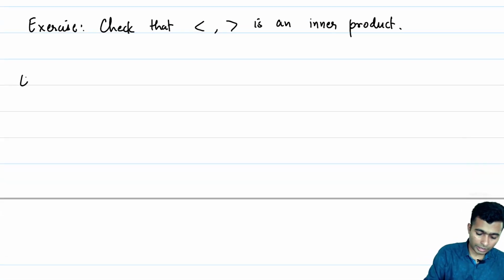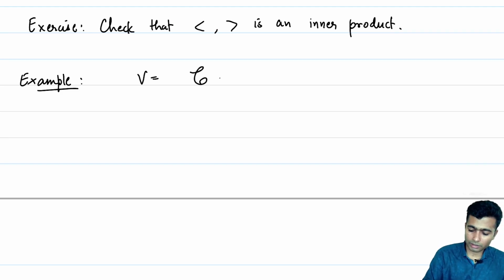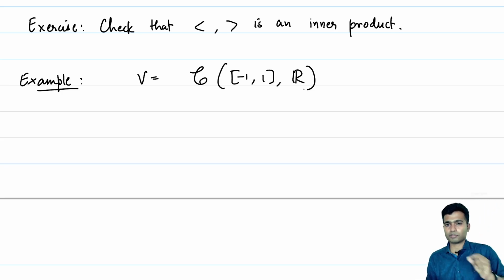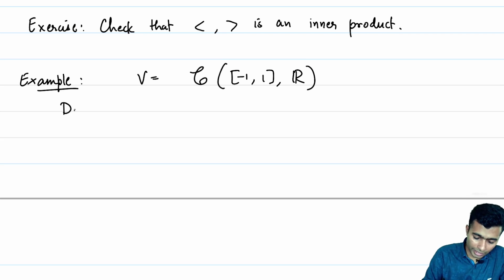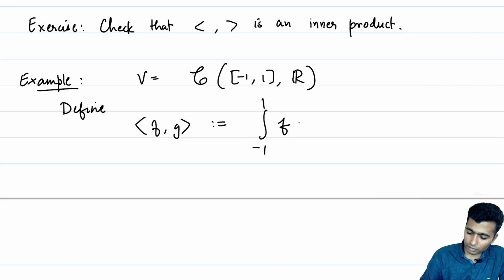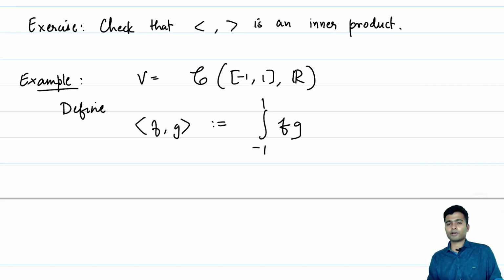Let's look at another example. This time I would like to consider V to be C[-1, 1] into R. Again, real valued functions from -1 to 1, and define the inner product of f comma g. Now we just define it to be the integral from -1 to 1 of f g, let me just write it as f of x g of x dx.